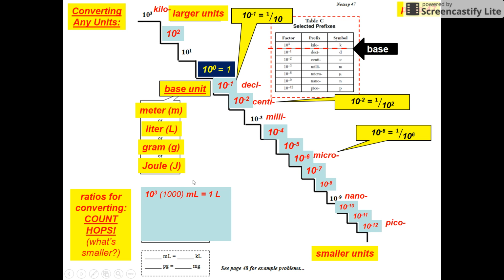Okay, now in terms of what's bigger or smaller, liters are big, milliliters are small. So one big thing over here is going to equal many small things over here. Since it is 3 hops from 10 to the minus third to the base unit, that means 1 liter is going to equal 10 to the third milliliters, because there are 3 hops between them, and because one big unit, the liters, equals many small units.